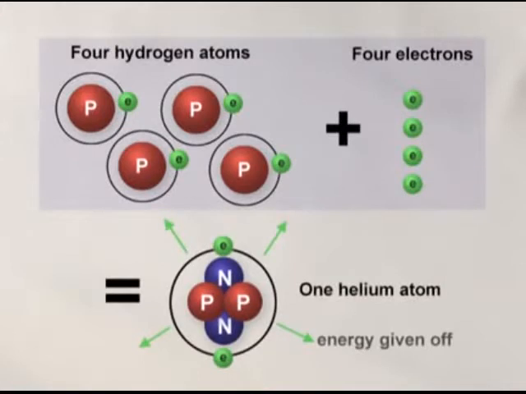Now, if you look at the mass of the 4 hydrogen atoms and the mass of 1 helium, 4 hydrogens has more mass than 1 helium. So it looks like we had some mass lost here someplace. Well, again, they tell us you can't lose mass, but you can convert it, according to Einstein's equation again. So that little bit of lost mass was converted into energy. So in addition to the helium, you're giving off all this energy, and of course what we've got now are stars. That's how stars were created.